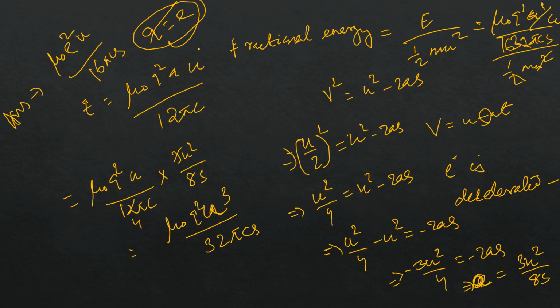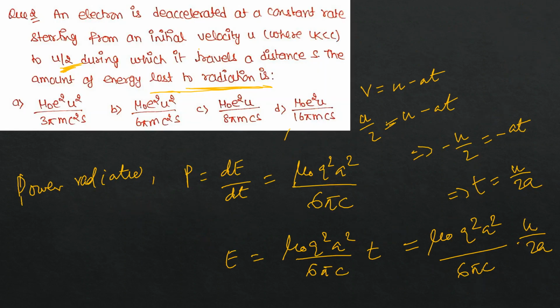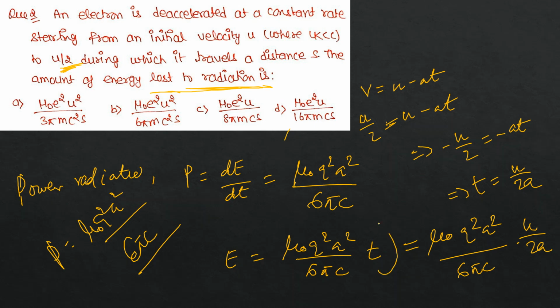Okay, got it. So what I did was, first of all, I calculated the power. Power is mu naught q square a square by 6 pi c. We got the energy from it. We got the value of t from the equation of motion, v is equal to u minus at, because it's a decelerating particle.